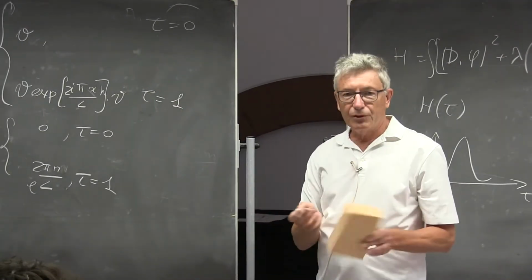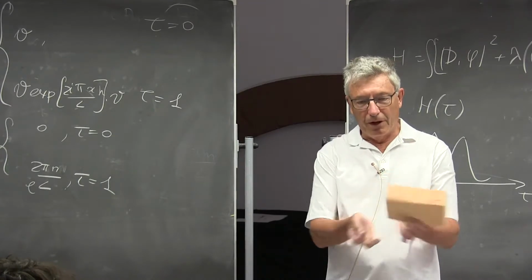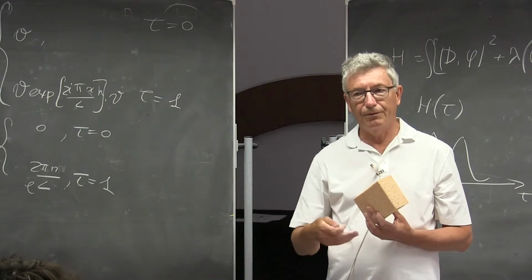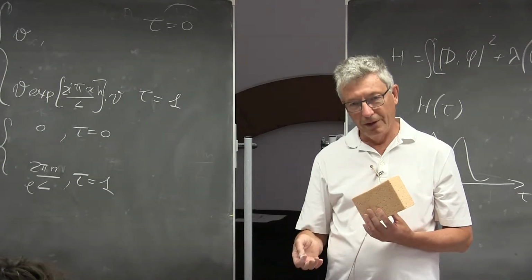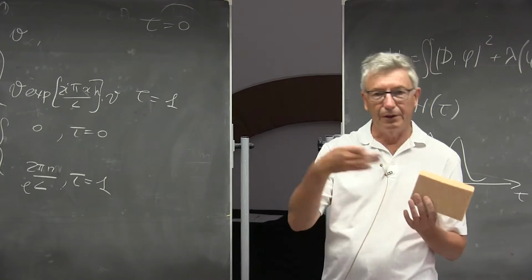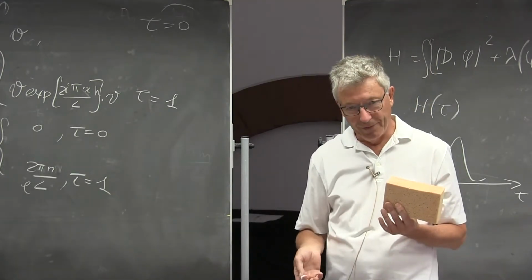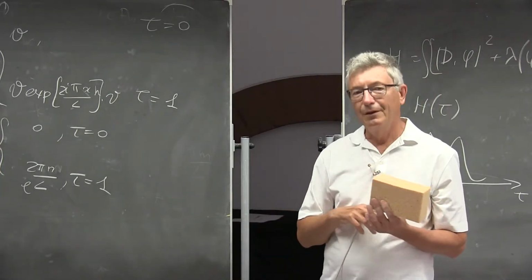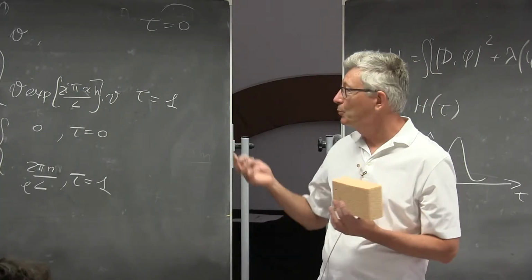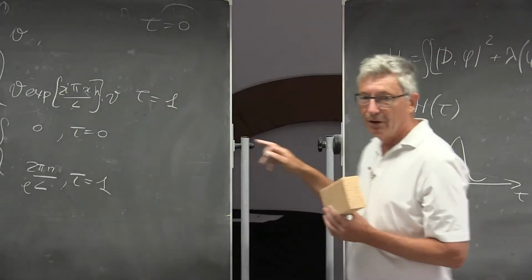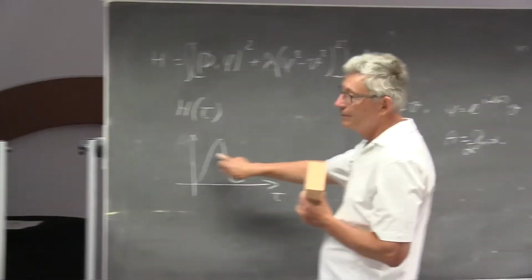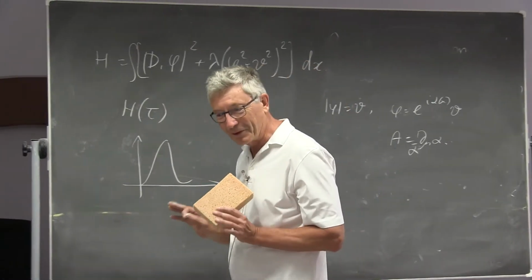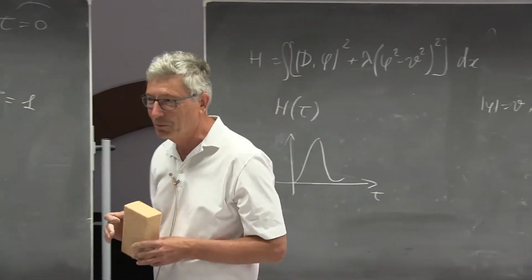And this configuration corresponds to a non-trivial mapping. You have a circle, and you map it to the circle. So these are two different topological transformations. And you cannot transform one into another in a continuous way. And if you cannot transform one to another in a continuous way, then this means that you are going out of this class of configurations, and this means that there is a potential barrier between the two. Okay. So that's the proof of that.